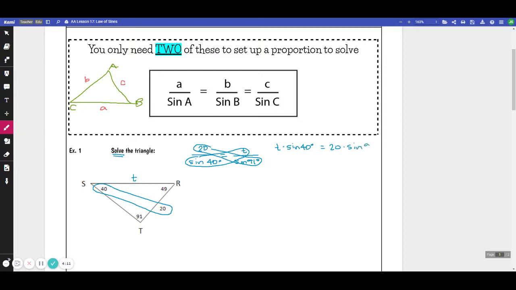That's a way to get rid of the fraction. We're solving for t, trying to find the length of that side, so I need to divide by sine of 40, and then divide the other side by sine of 40. Something over itself is 1, so sine of 40 over sine of 40 is 1.